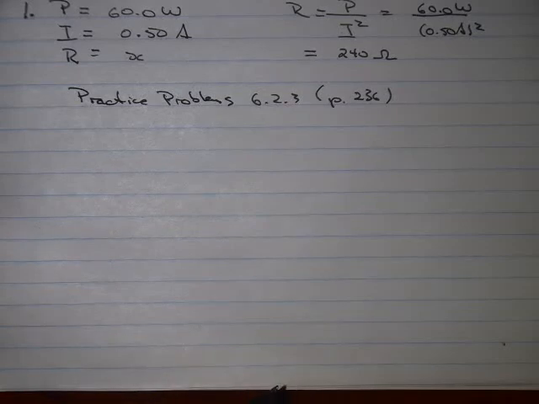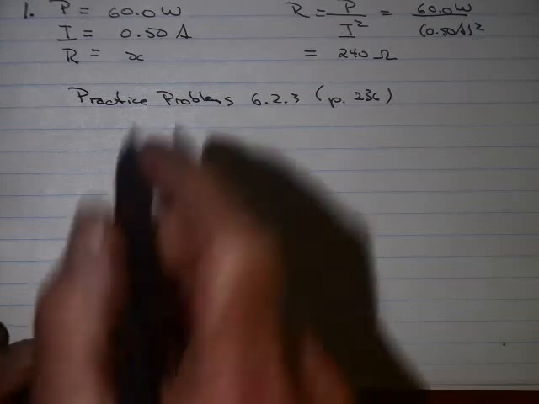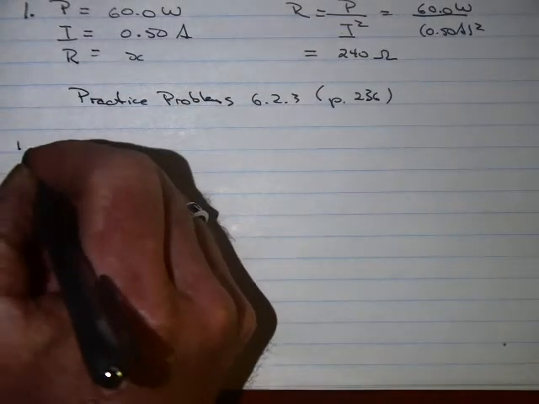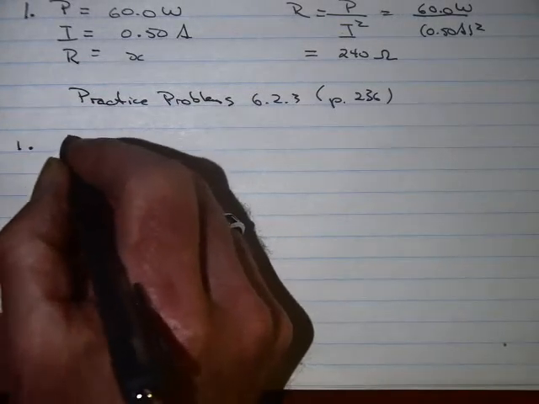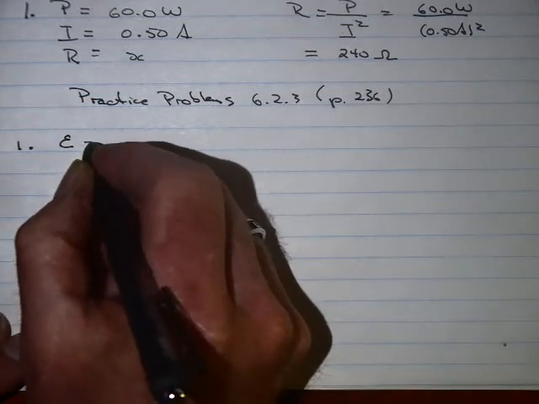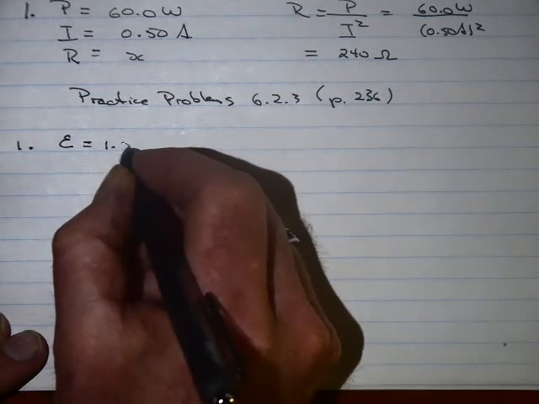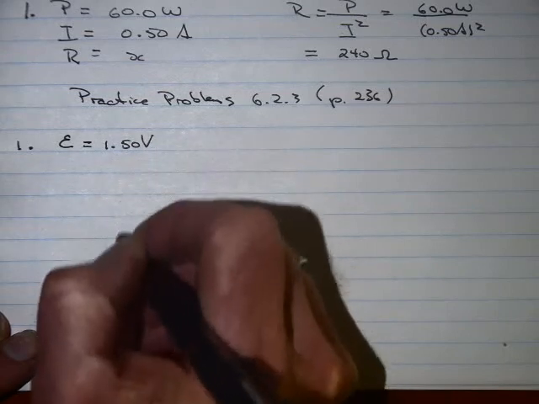So you're looking for a terminal voltage because it says connected to the terminals of the dry cells. Okay, so what do we know? Number 1, we know that the EMF is equal to 1.50 volts.